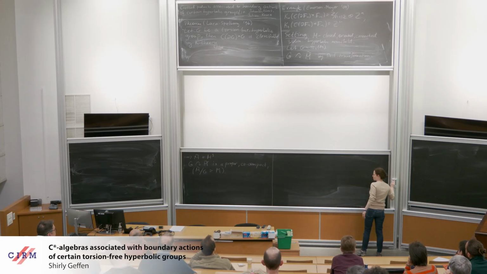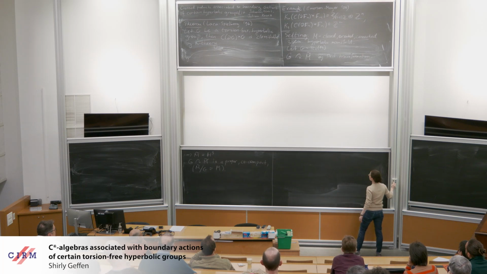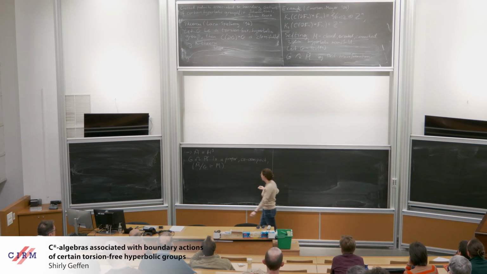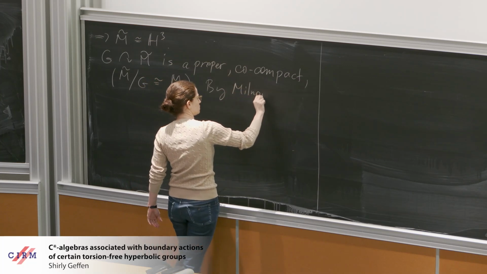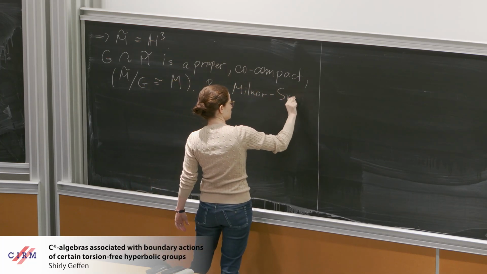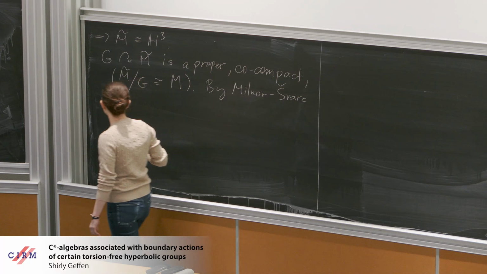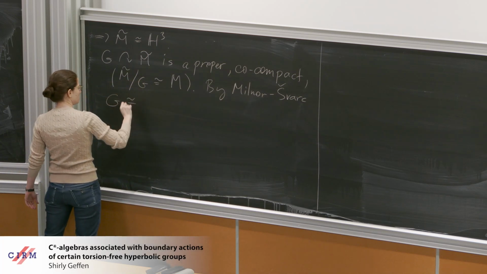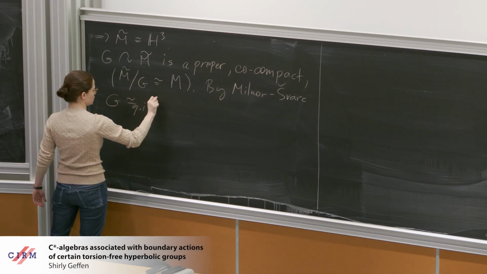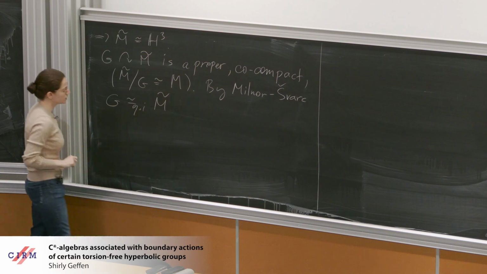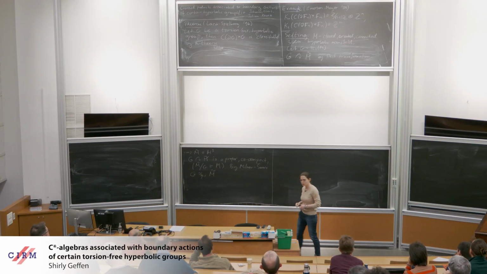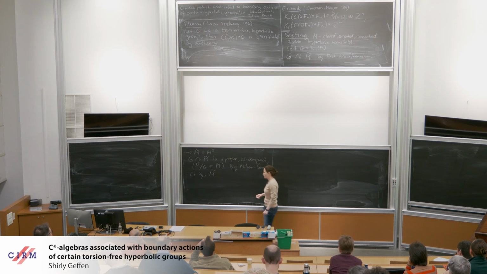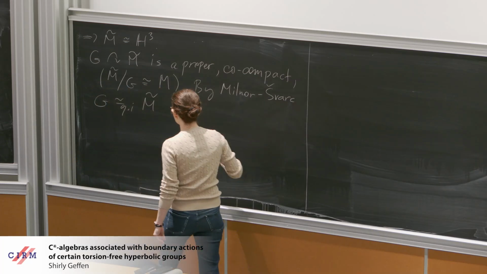And so by the Milnor-Schwarz lemma, G is quasi-isometric to M tilde. And since quasi-isometry preserves hyperbolicity, also now G is a finitely generated hyperbolic group.